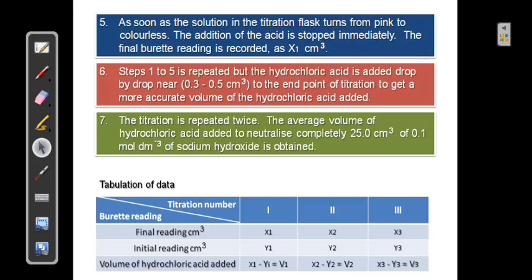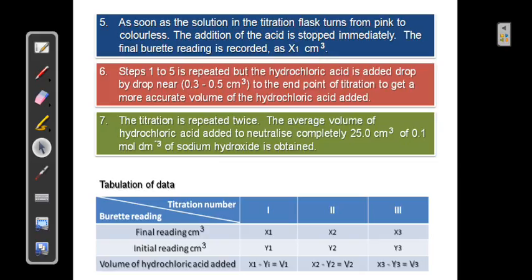In row 1 you have the titration number, the burette reading: number 1, number 2, number 3, and then column 1 is the final reading in cubic centimeter, the initial reading in cubic centimeter, then the volume of hydrochloric acid added. Then from here you can see at titration number 1 you will get your X1, then the initial reading is Y1.